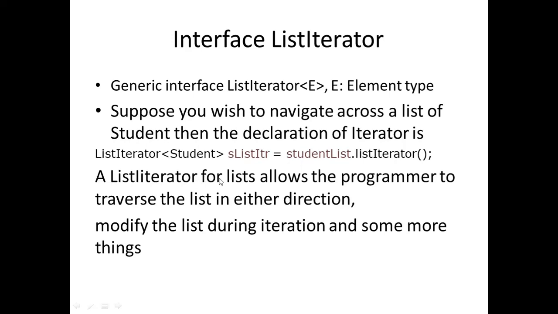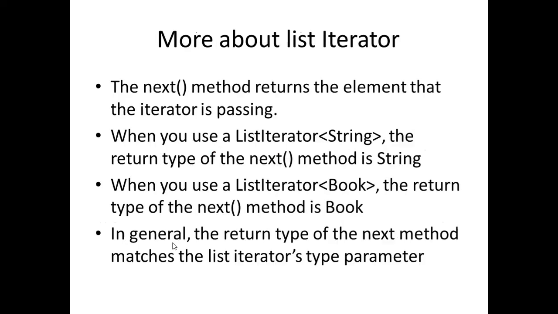A list iterator for lists allows the programmer to traverse the list in either direction. Modification of the list is possible and you can do some more things, but that later. The only thing you have to remember is that you cannot do modification using the for each loop, but using an iterator you can do that, using the iterator as well as the list iterator.